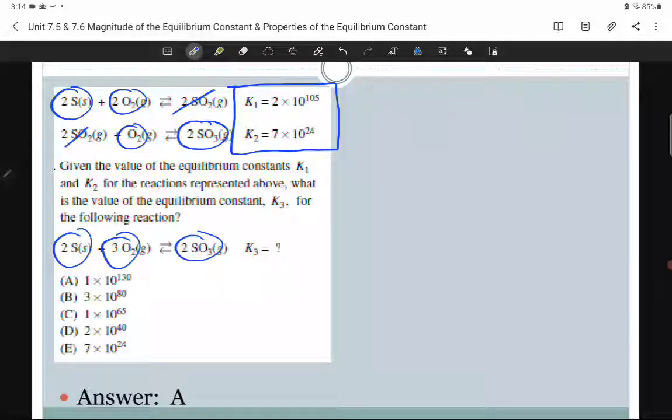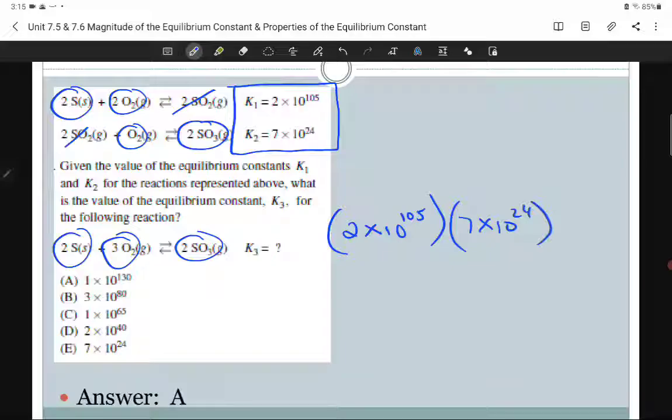So it would be 2 times 10 to the 105 times that. The reason, again, it's not adding is because when we take these reactants and products and we combine them into an equilibrium expression, those are all multiplication and divisions. So the K's would have to be like that also.